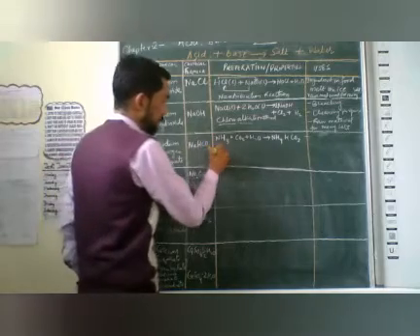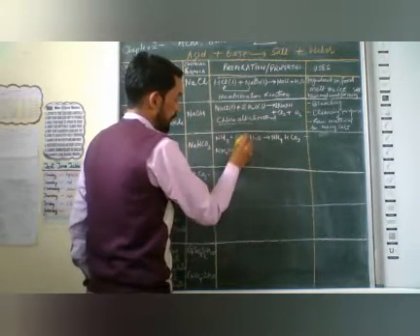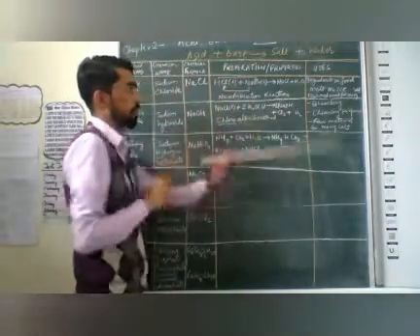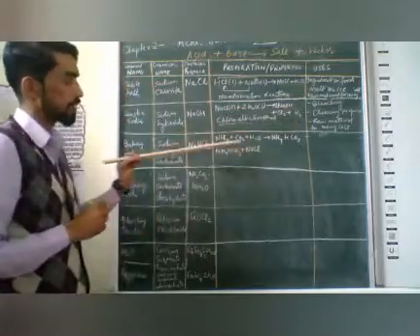In the second step, this ammonium bicarbonate reacts with NaCl. NaCl is the raw material for many salts, so we use this NaCl to make baking soda.